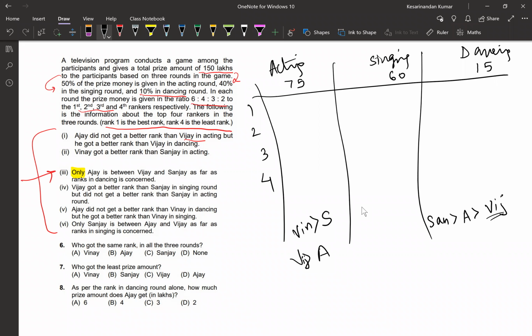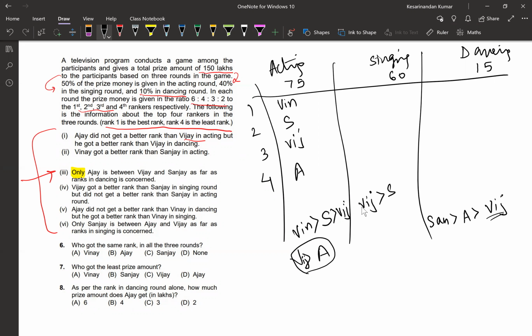So for singing, Vijay got a better rank than Sanjay, but did not get a better rank than Sanjay in acting. So in acting, Sanjay is greater than Vijay and Vijay is greater than Ajay. So basically I have got my order: Vinay, Sanjay, Vijay and Ajay finally. So my acting is sorted.